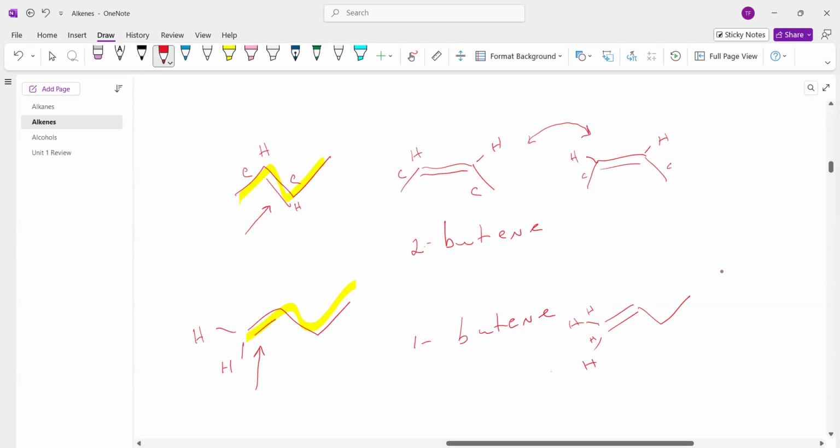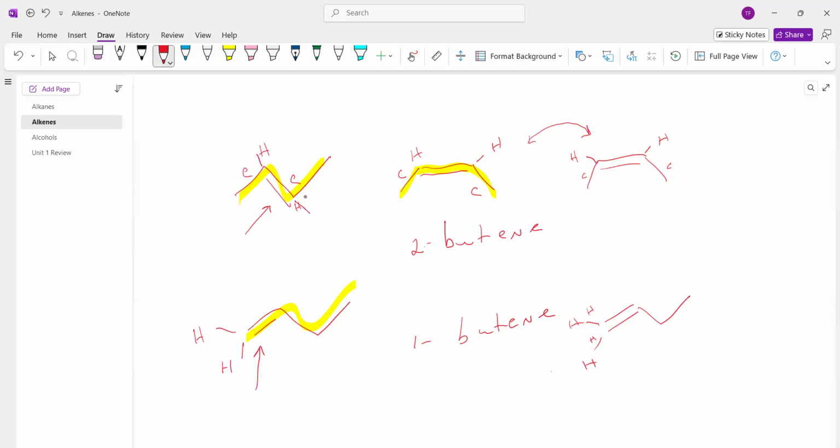Notice up here on this first example, let me draw my carbon backbone in. Notice that the carbons are going a different direction on this first one here.